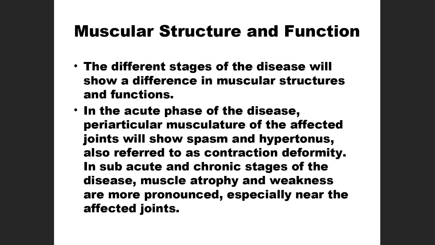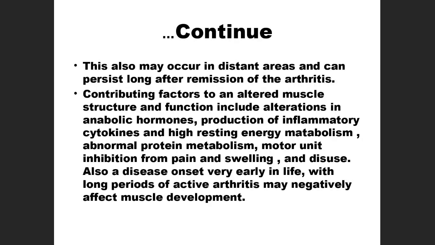In the subacute and chronic stages of the disease, the muscles are not used for a prolonged time, so they become atrophied and weak, and this is pronounced especially near the affected joints. This may also occur in distant areas and persist long after remission of the arthritis.